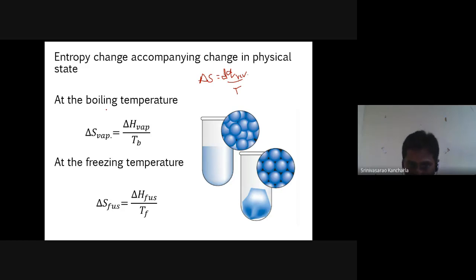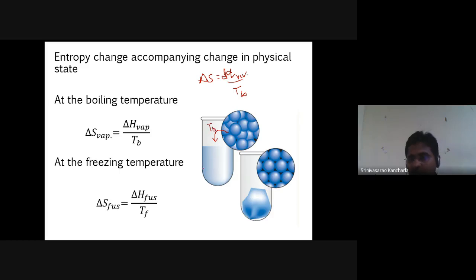If this temperature is the boiling point of your liquid, your final state is vapor. There is a phase change. Suppose you follow this figure. This is the liquid form; when you bring it to the boiling temperature TB, it will form a vapor.